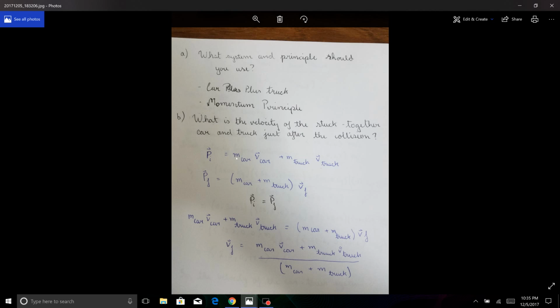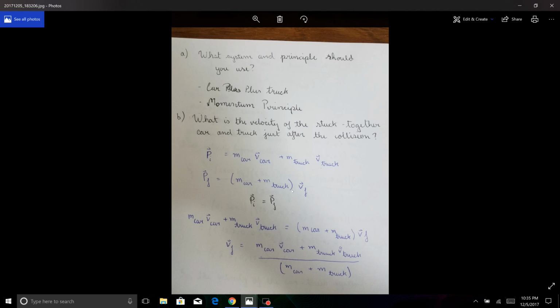Multiplying these gives the initial momentum. For final momentum, after the crash, it's the mass of the car plus the mass of the truck, both combined together because they're crushed, times the final velocity.